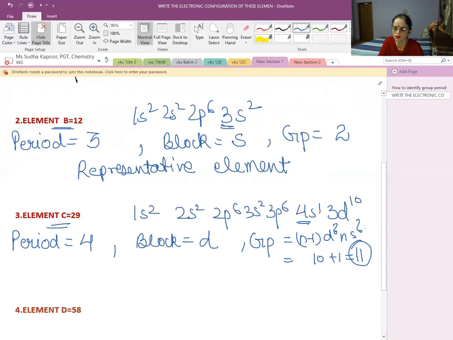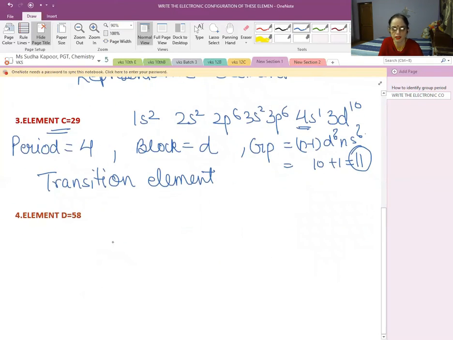In another way, we can learn it as the power of s and the power of d added together. Then for the nature of the element, we know that d block elements are transition elements. So it is a transition element, a complete package: period, group, block, and nature of the element.